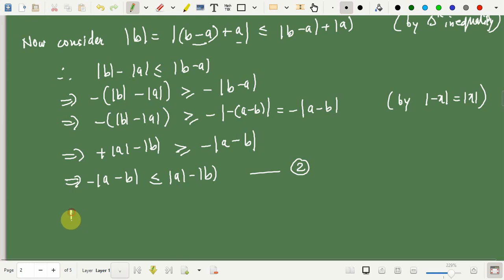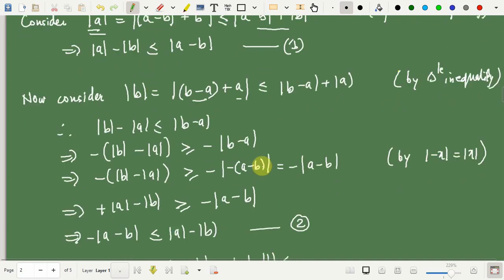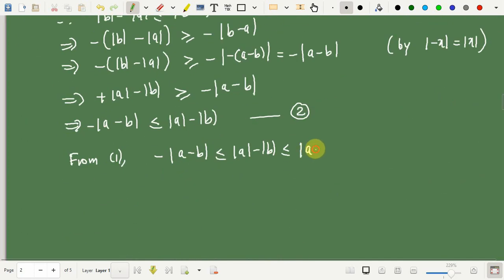So, from 1 and 2, I will take this inequality first: minus of mod of (A minus B) is less than or equal to mod of A minus mod of B, which from 1 is less than or equal to mod of (A minus B). So, this says that mod of A minus mod of B belongs to the interval minus of mod of (A minus B) comma mod of (A minus B).